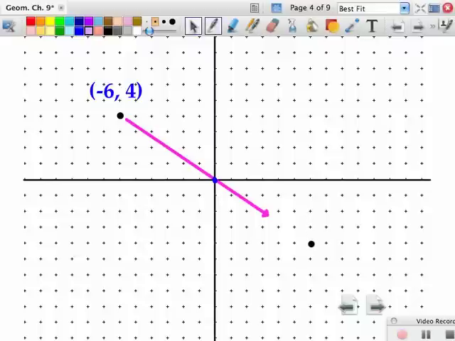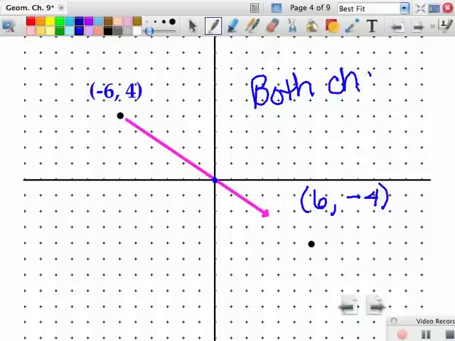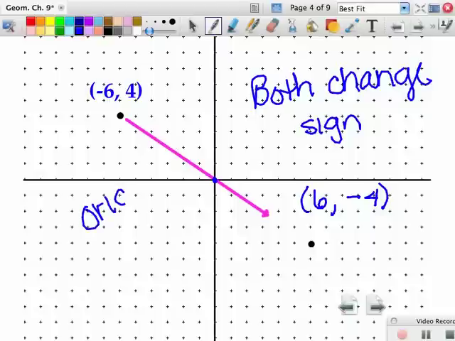So, we end up with a positive 6 and a negative 4. So both change sign. Okay, so that's when you're reflecting over the origin. All right, so there's that one.